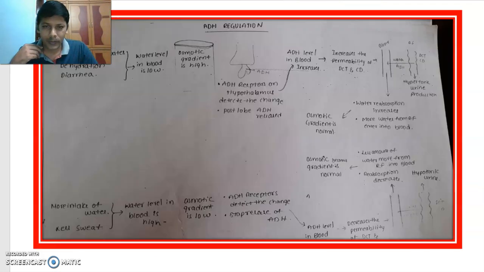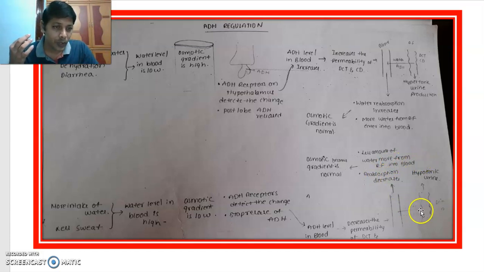Because of absence of ADH, the permeability to water decreases in the DCT. Here water is not coming because of absence of ADH. Now the person produces hypotonic urine, and less amount of water moves from the renal filtrate into the blood.